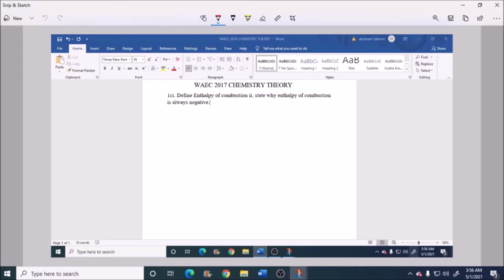Now question 1C, Roman figure 1, we have to define enthalpy of combustion. Enthalpy of combustion is the amount of heat evolved or liberated when 1 mole of a substance is burnt completely in excess oxygen.